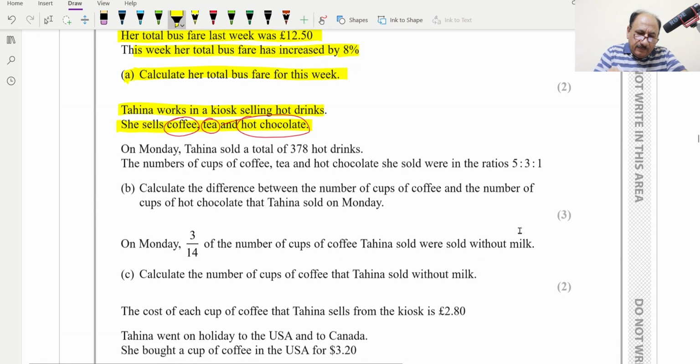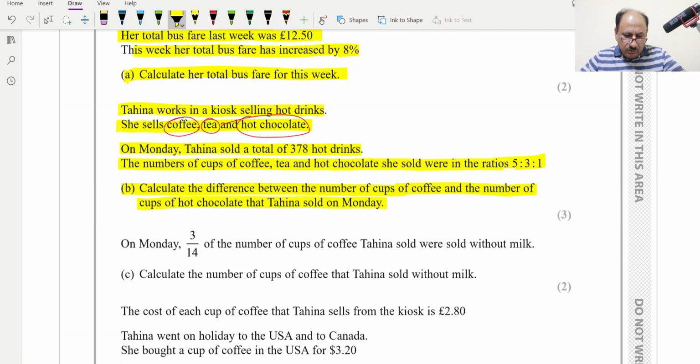On Monday, Tahina sold a total of 378 hot drinks. The number of cups of coffee, tea, and hot chocolate sold were in the ratio of 5 to 3 to 1. Calculate the difference between the number of cups of coffee and the number of cups of hot chocolate that Tahina sold on Monday.